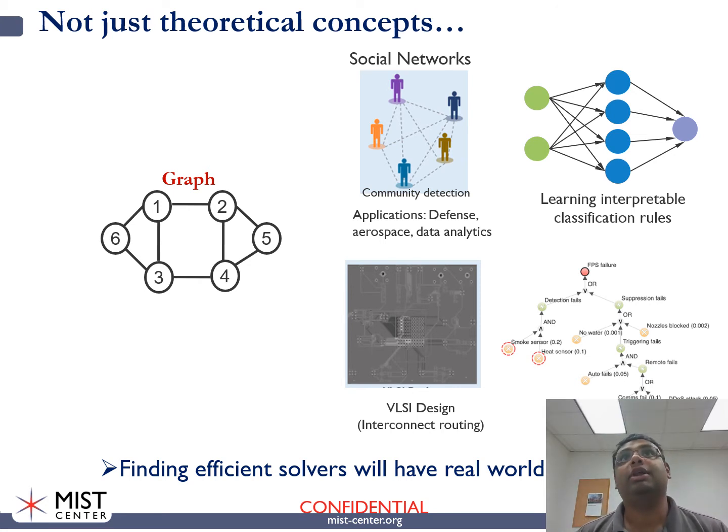So a neural network that can explain its decisions would be an NP-hard problem to train. And then, of course, even problems in fault tolerance analysis for mission critical systems turn out to be hard combinatorial optimization problems. So the point that I want to emphasize here is that if we can figure out a way to accelerate these problems, there is the potential of real world impact.